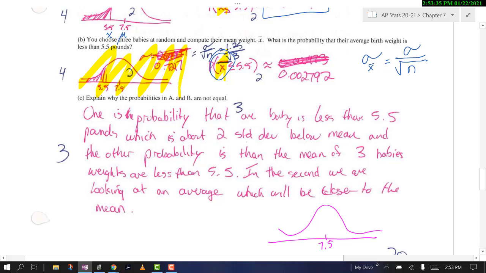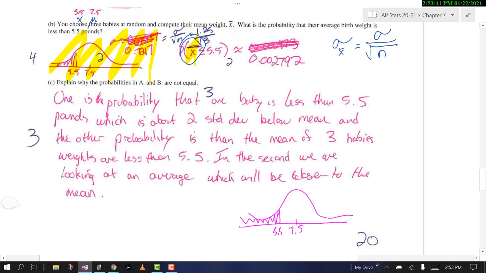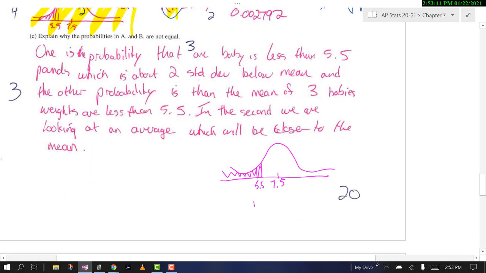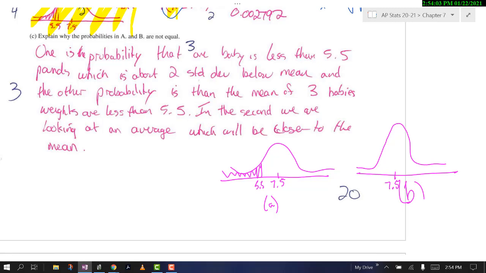That's part A. Now part B, we still have our mean of 7.5, still have 5.5, but our standard deviation is lower.